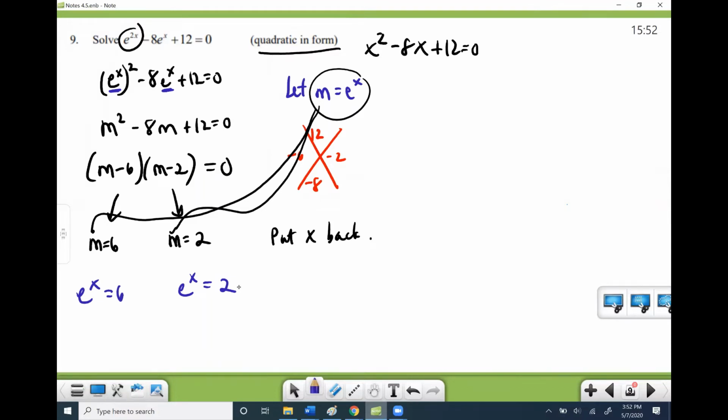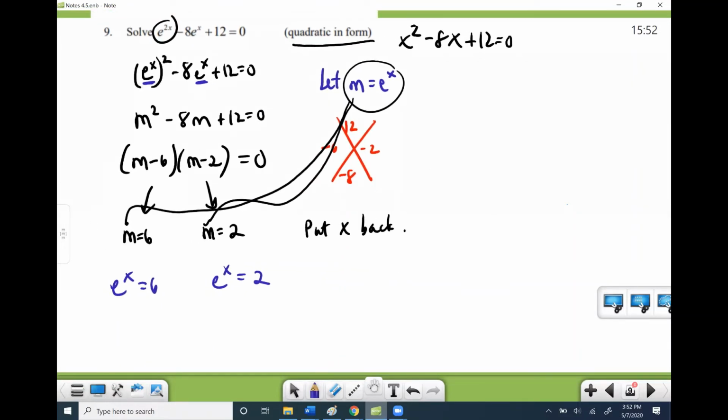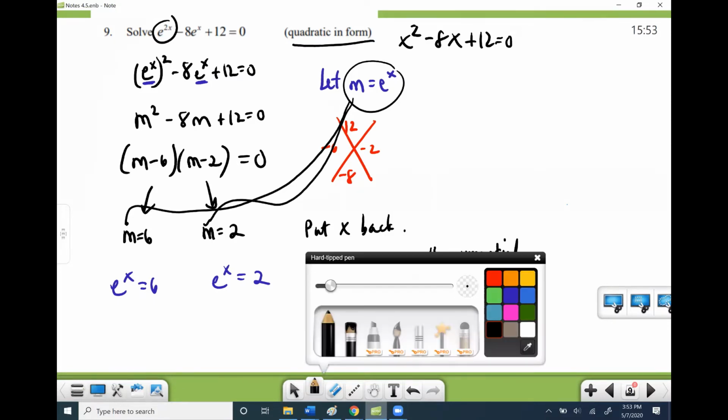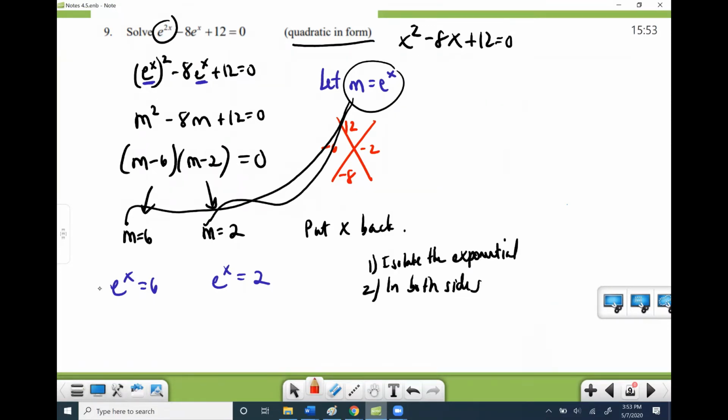Okay. And now all the stuff we were doing on the last few problems comes into play. Isolate the exponential, done. Okay, let me write them down. Isolate the exponential. Natural log both sides. Okay, so let me do that. Okay, actually, you know what? I don't have to. I forgot I can move stuff.